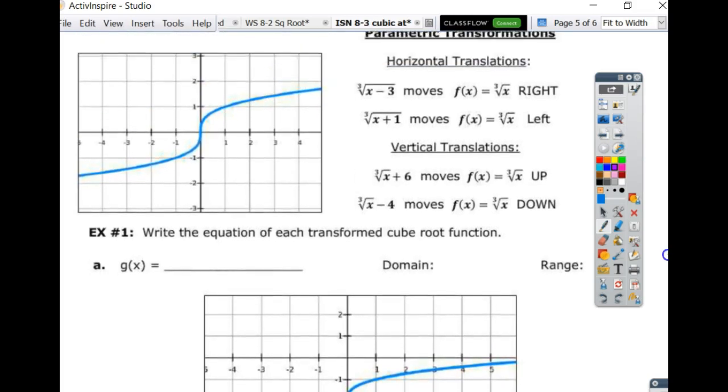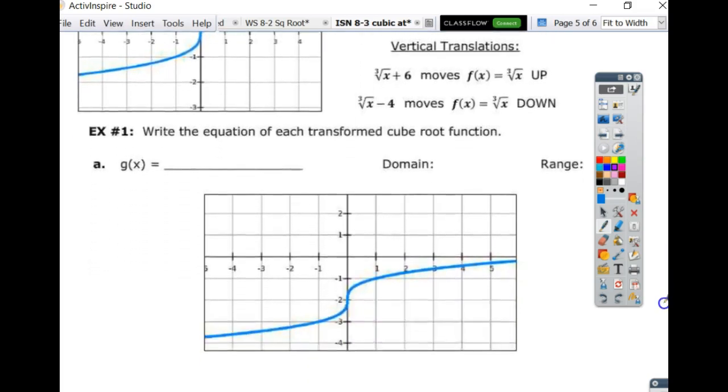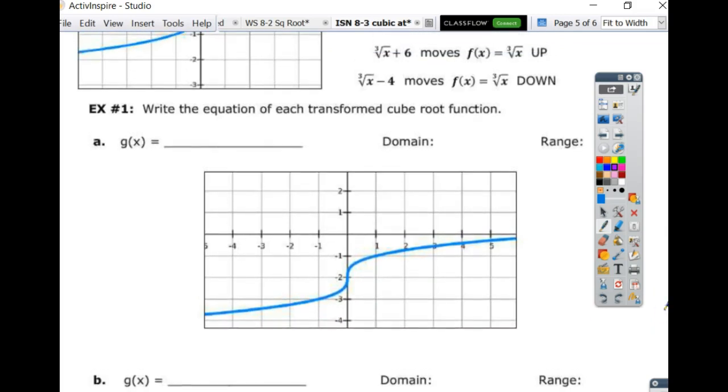So the cube root, it works exactly the same way. So where should this point be? Right there. So which way did it move? Down 2. It's pointing up to the right, so it's still positive. So this time I'm going to do the cube root of x minus 2.